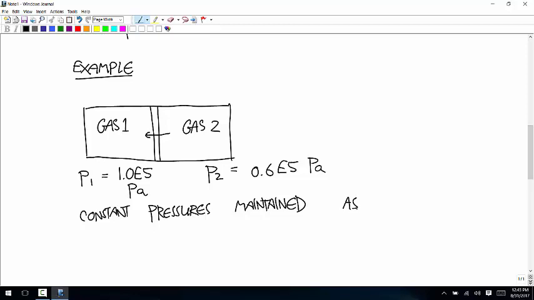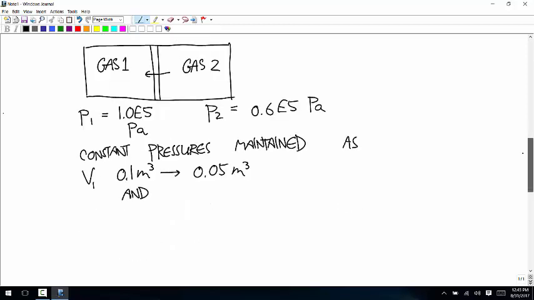as the volume of gas 1 goes from 0.1 cubic meters to 0.05 cubic meters. And the volume of gas 2 goes from 0.1 cubic meters to 0.15 cubic meters.